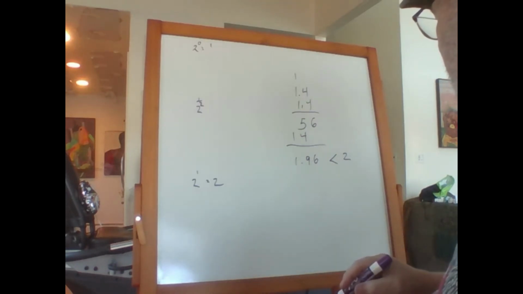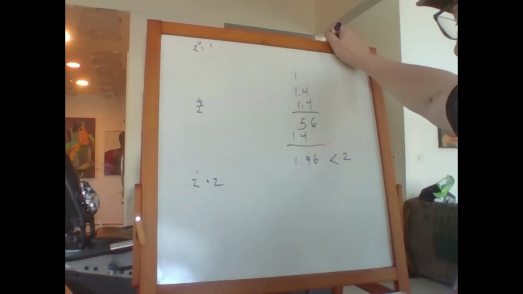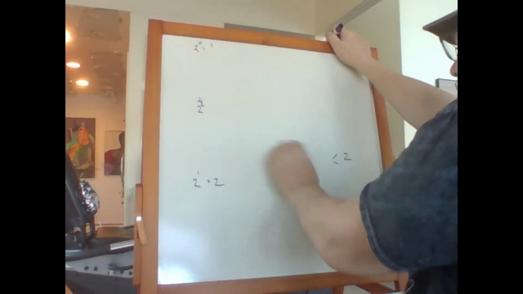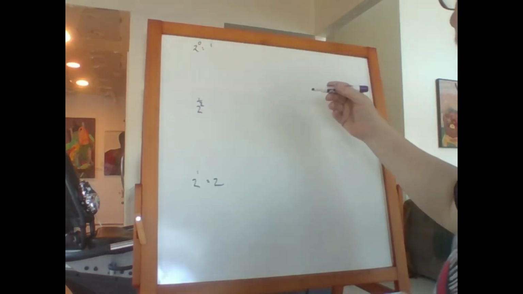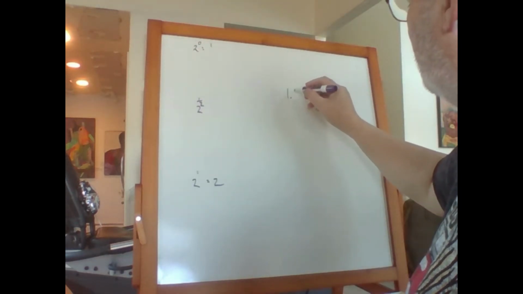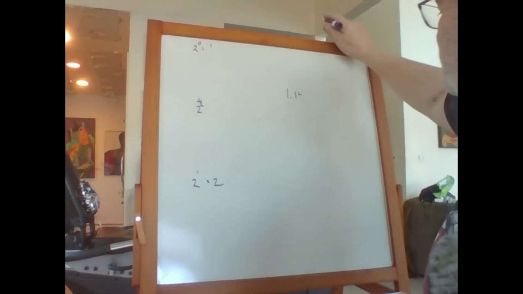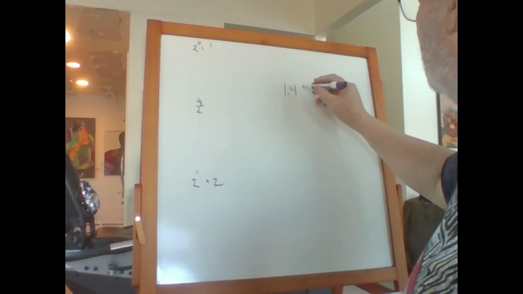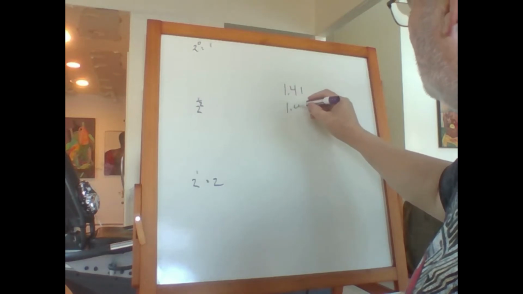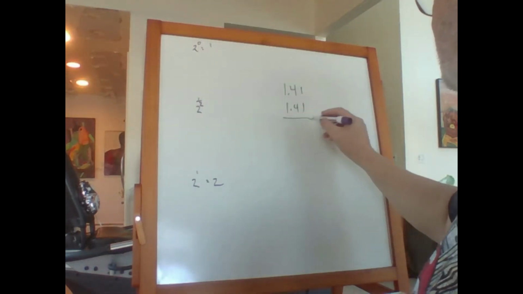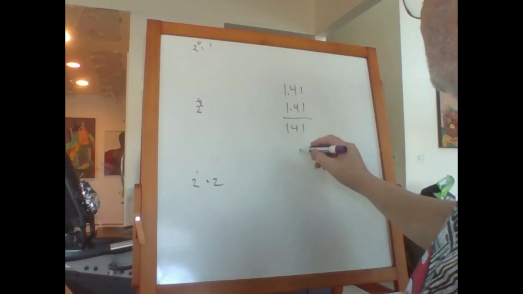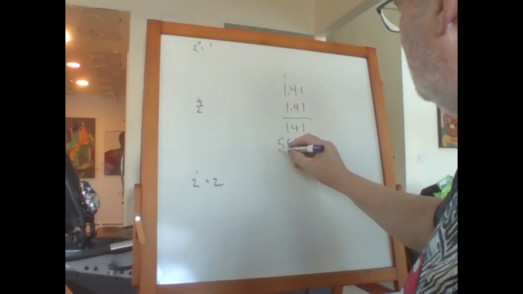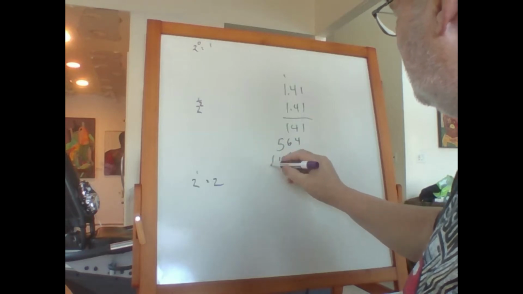So it's not quite what we want. We could get closer. So let's try 1.1, 1.4, 1.41. You can see how we build on it.